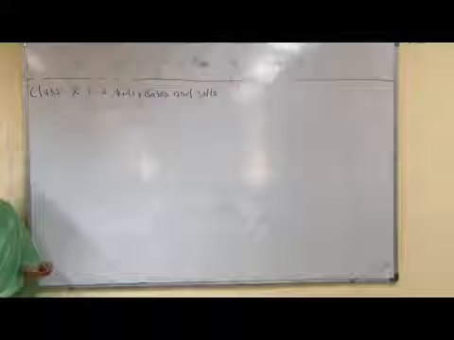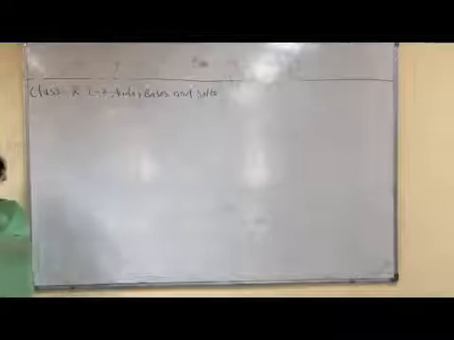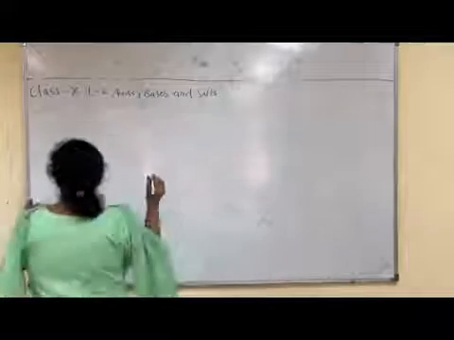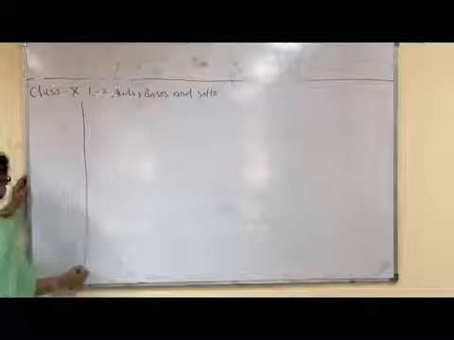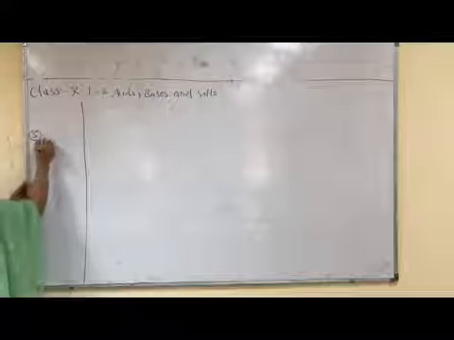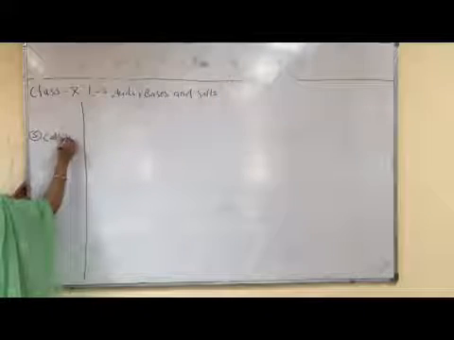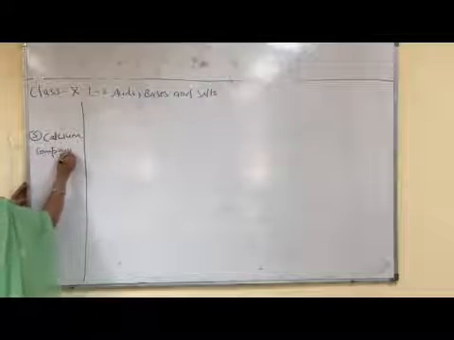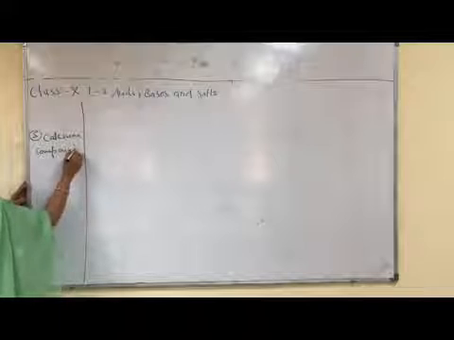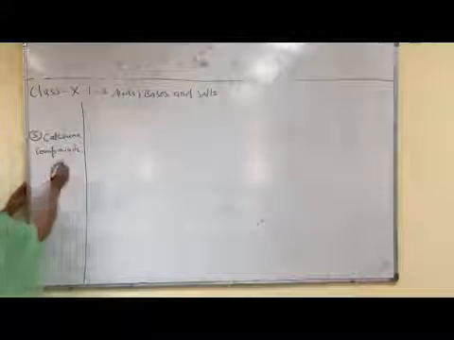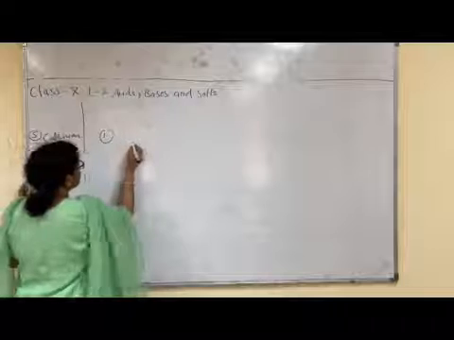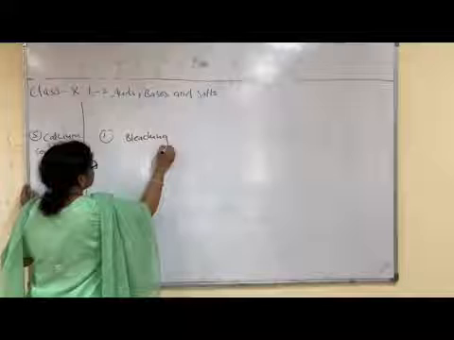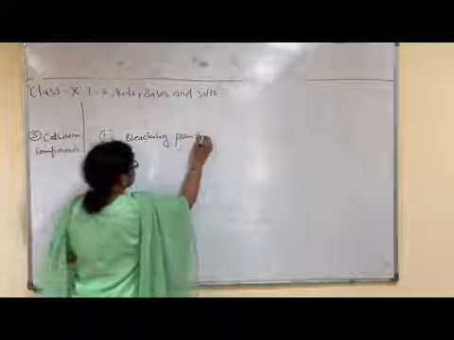Now children, last content of this chapter is preparation of calcium compounds. First is bleaching powder.